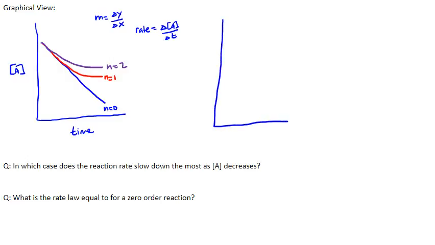Here's another graph, and this time I'm going to look at the rate of the reaction, in molar per second, as a function of the concentration of A. So if N is equal to 0 again, as I increase the concentration of A, as I go to the right, nothing's going to happen, right?